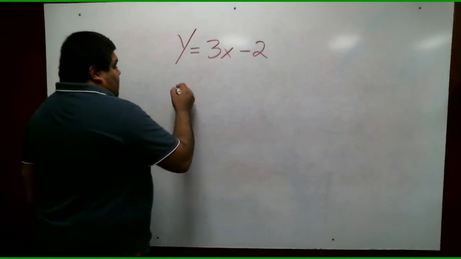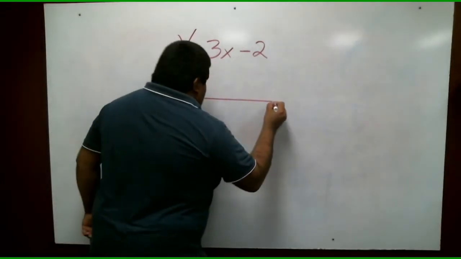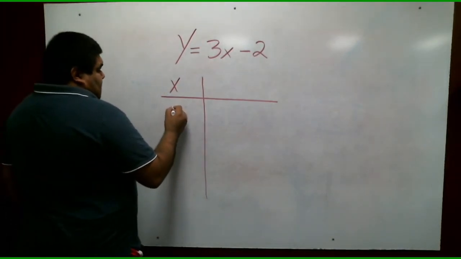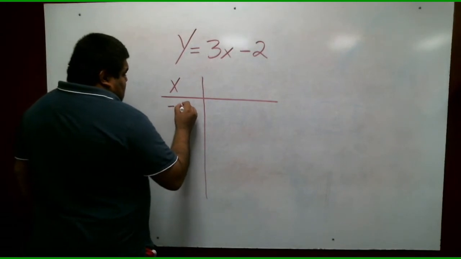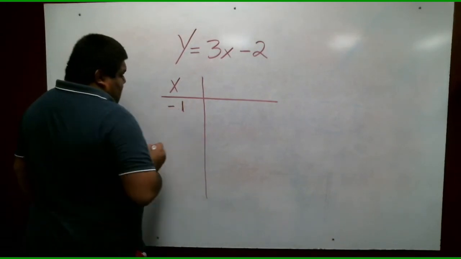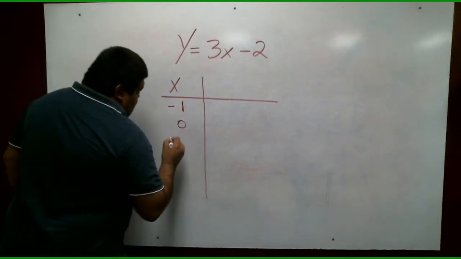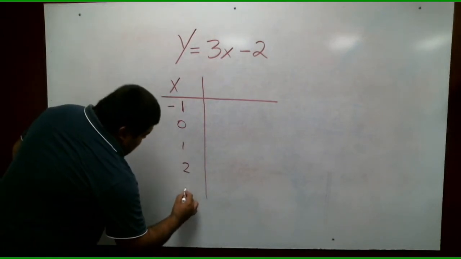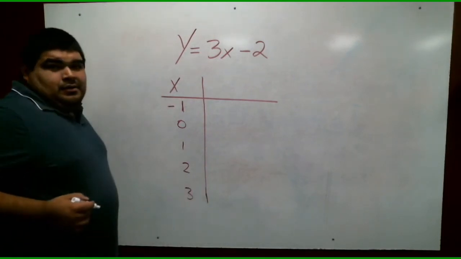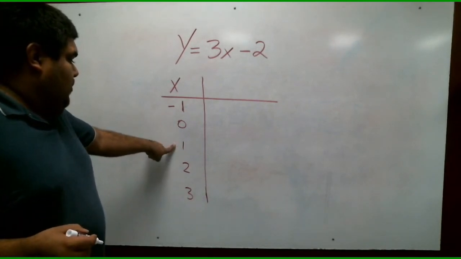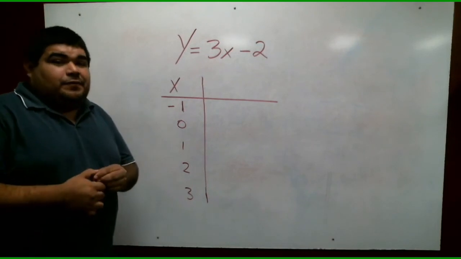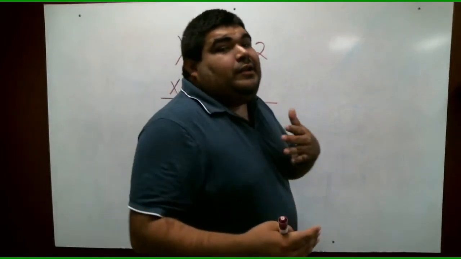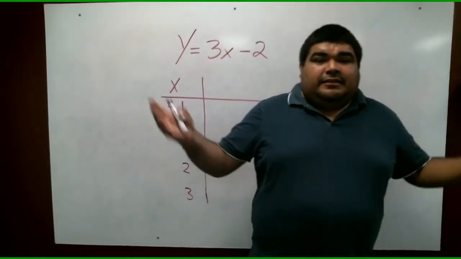Your coordinates are -1, 0, 1, 2, and 3. Okay? So you have -1, 0, 1, 2, and 3. Remember, you have to plug it into the equation to solve for y. Once you have the coordinate, you can go ahead and graph it, connect the dots, and that's it.